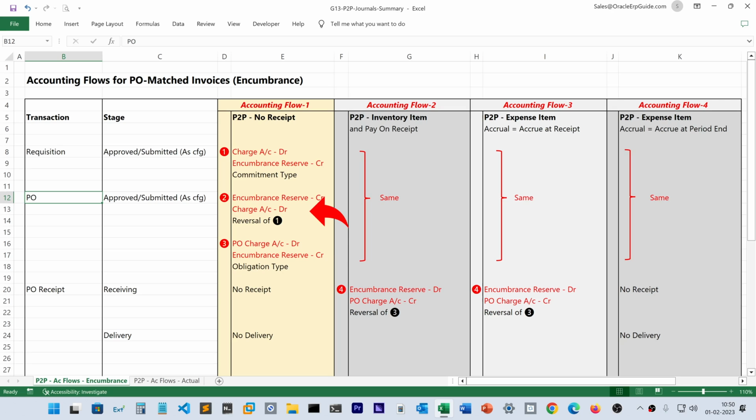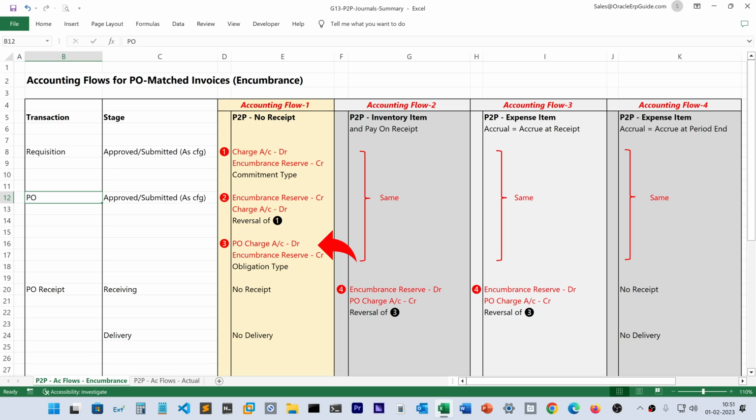So the requisition encumbrance is reversed here. In point number 2, this is a reversal of the encumbrance that was created at requisition stage. This is called liquidation of the encumbrance. And then a new encumbrance for PO is created, which is an obligation type.